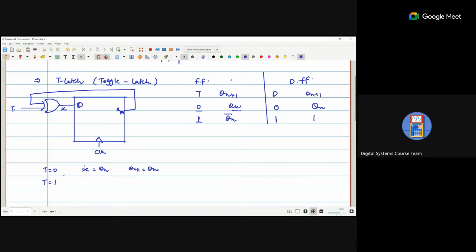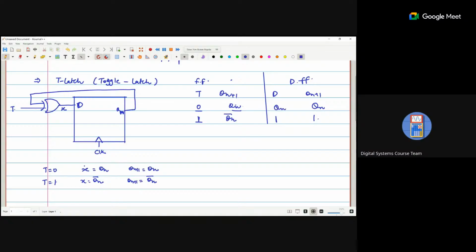When T is 1, we apply Qn as input, but X is Qn bar. If X is Qn bar, then Qn plus 1 is Qn bar. What we apply at D is directly passed through to the output.